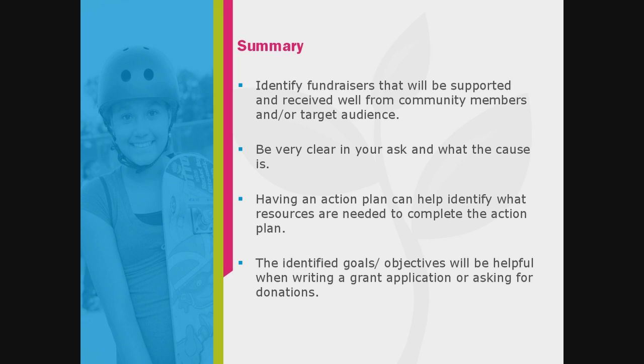So I know action planning is not always the most exciting project or activity, but it's really important that we complete action planning and develop comprehensions so that when we are asking for fundraising or donations or sponsorships or trying to write a grant application, we have the action plan to help provide support.